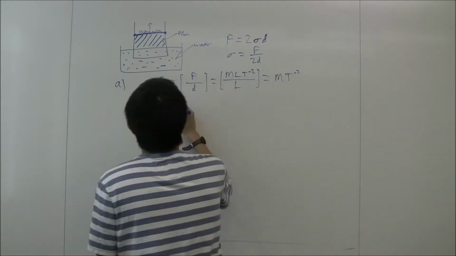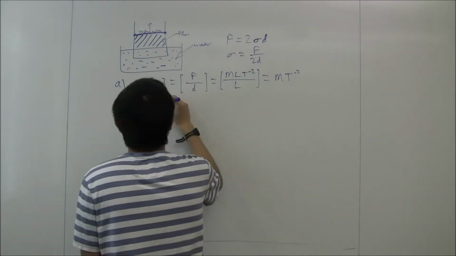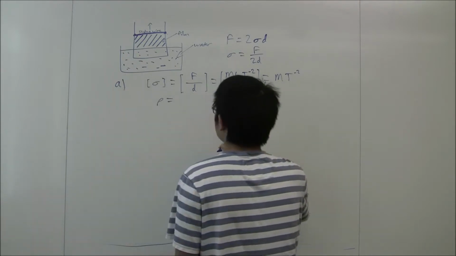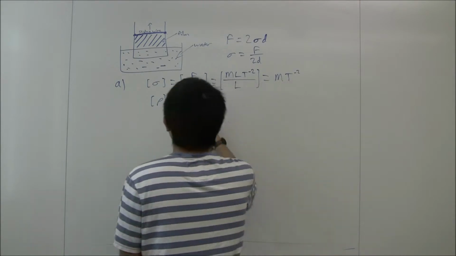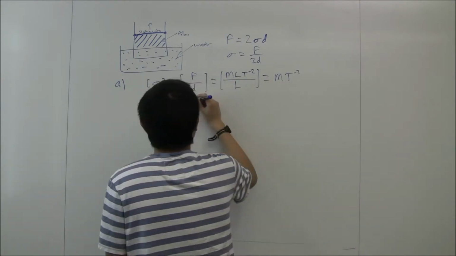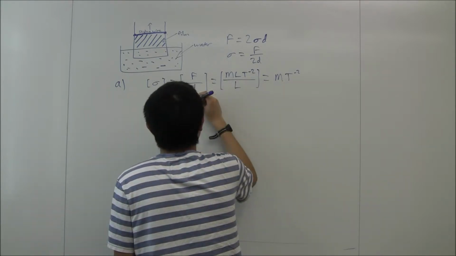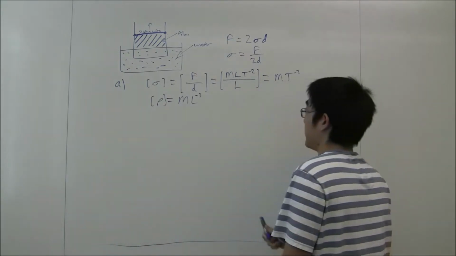So let's also figure out what our units for rho and k are. So rho, the density, units are going to be given by mass per volume. So volume is going to be length cubed.